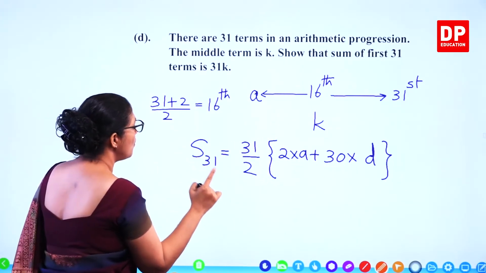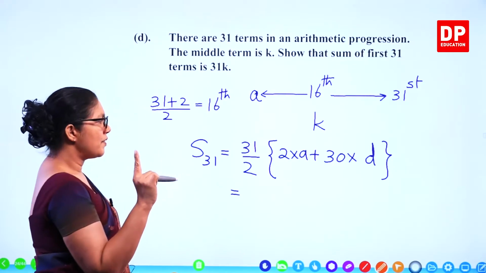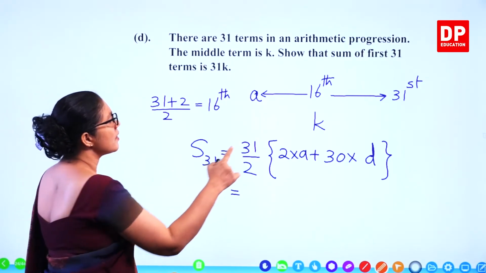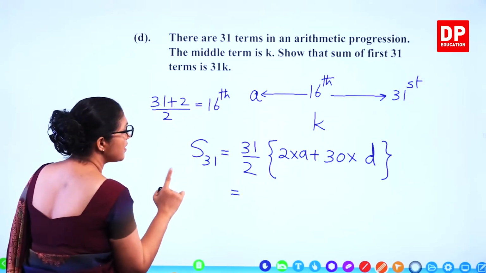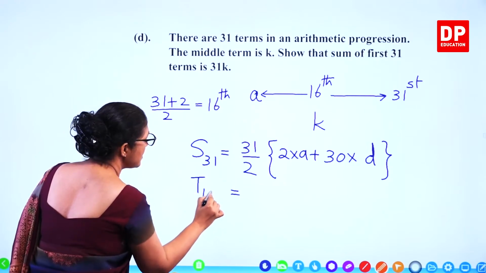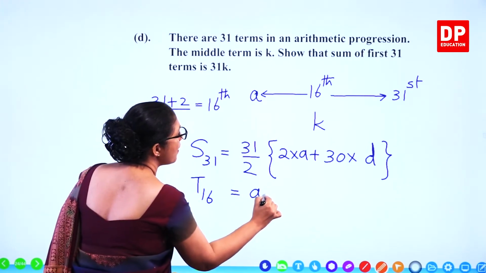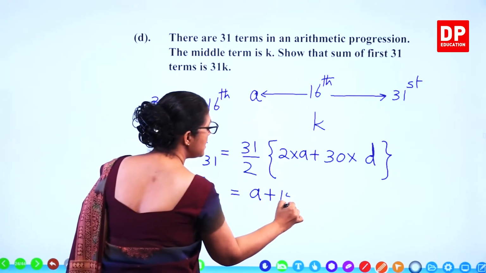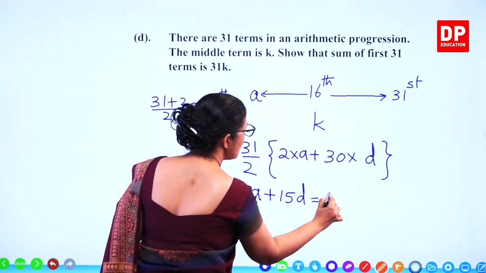But we know one thing. We know 16th term is k. So we can write another equation for that. 16th term, T16 is a plus 16 minus 1, 15, d is equal to k.